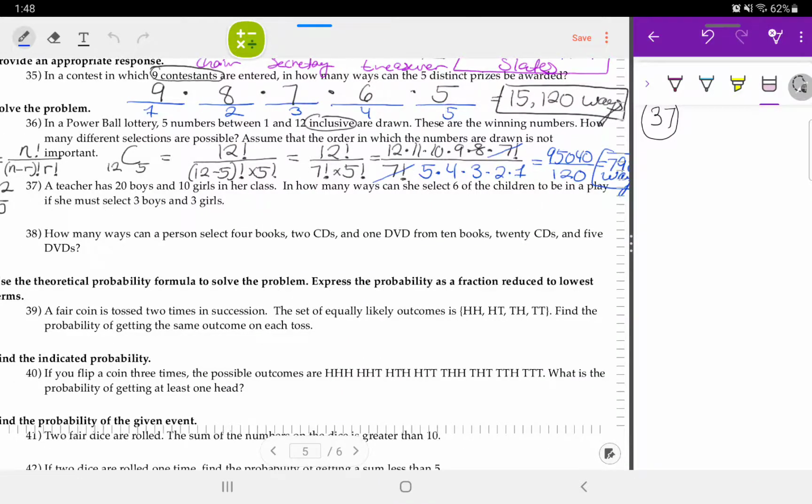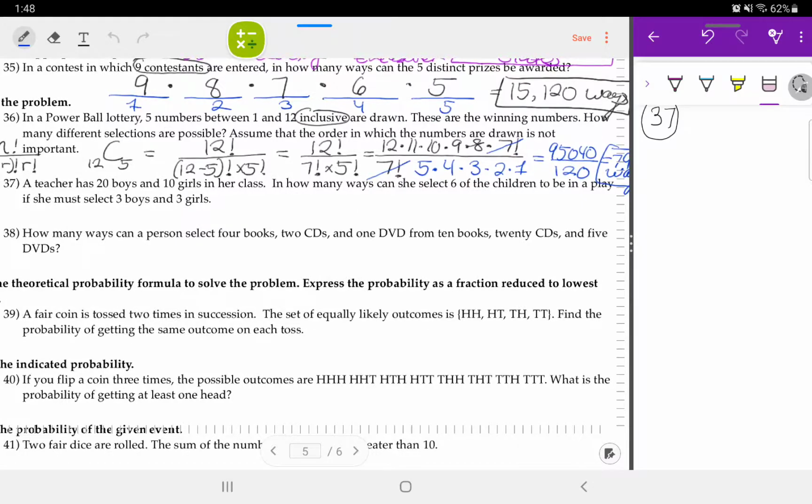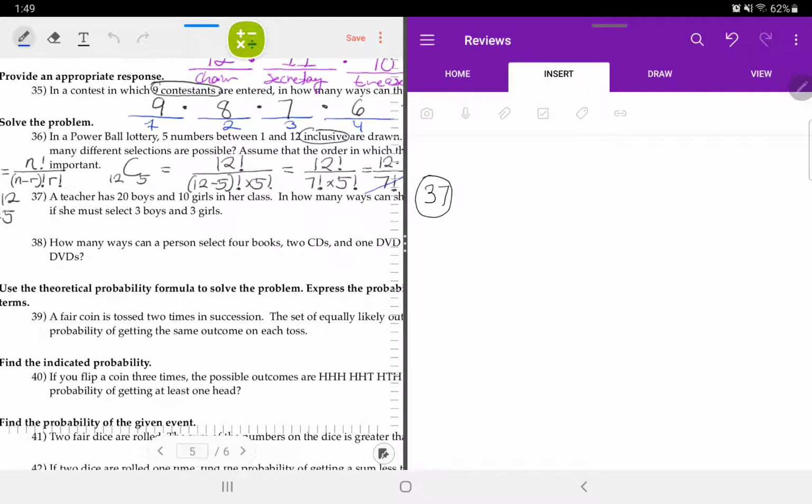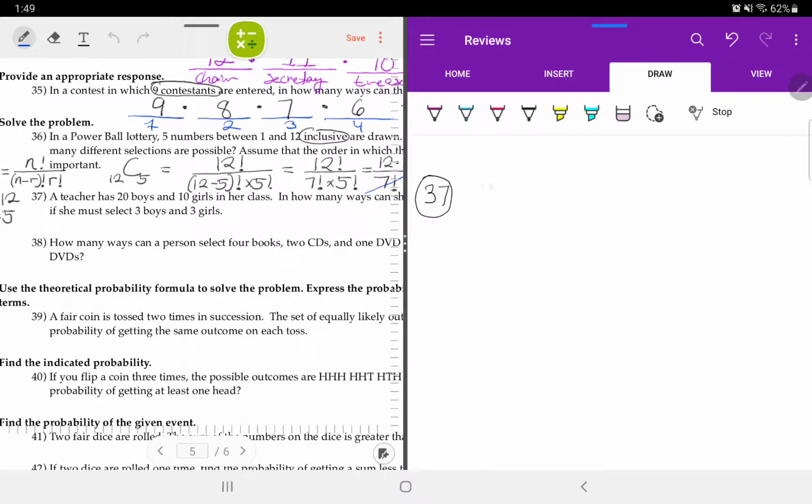Number 37. It says, a teacher has 20 boys and 10 girls in her class. In how many ways can she select 6 of the children to play if she must select 3 boys and 3 girls? Okay. So we know there's a total of 20 boys in the class and 10 girls.